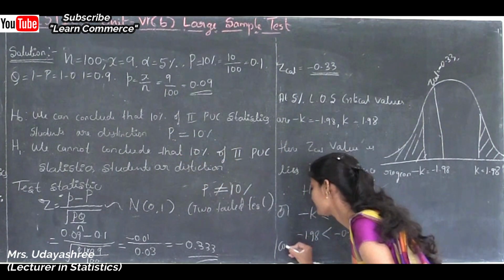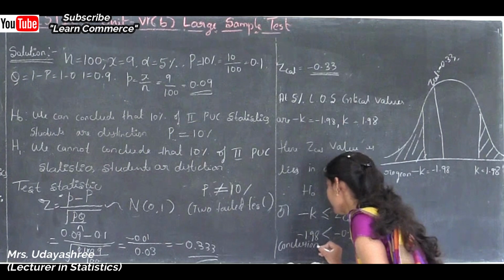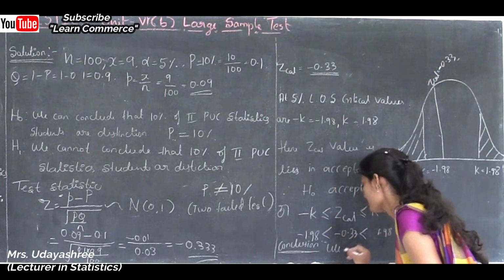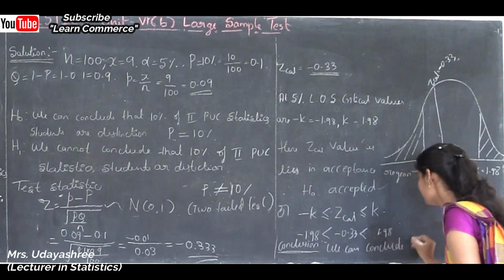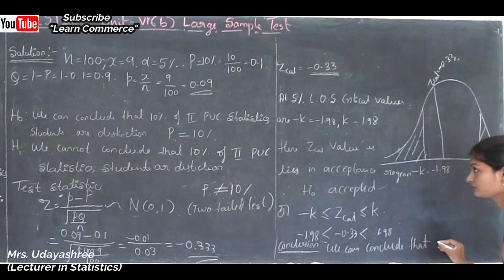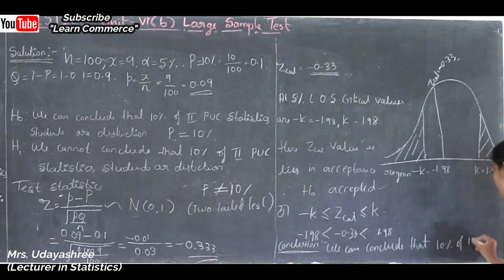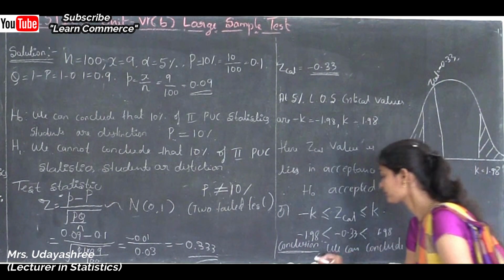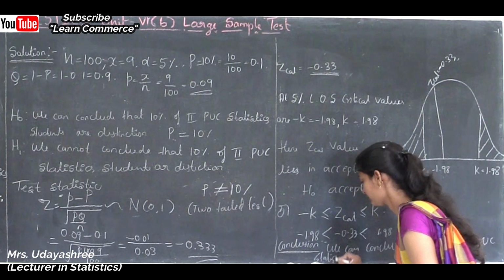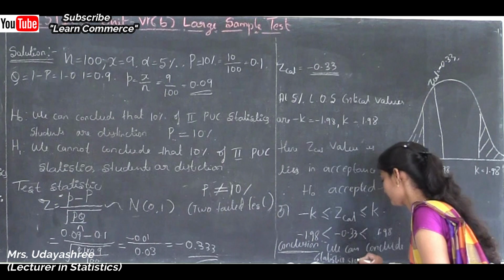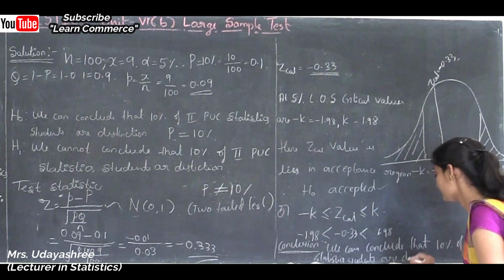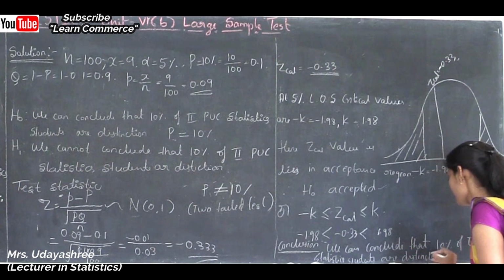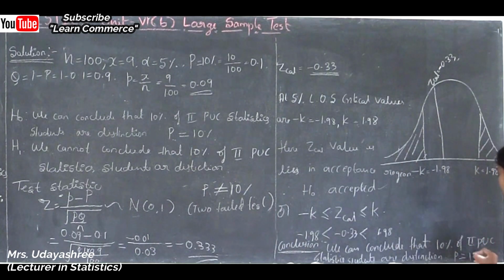Therefore the conclusion is we can conclude that 10% of second PUC statistics students are distinction. That is P is equal to 10%.